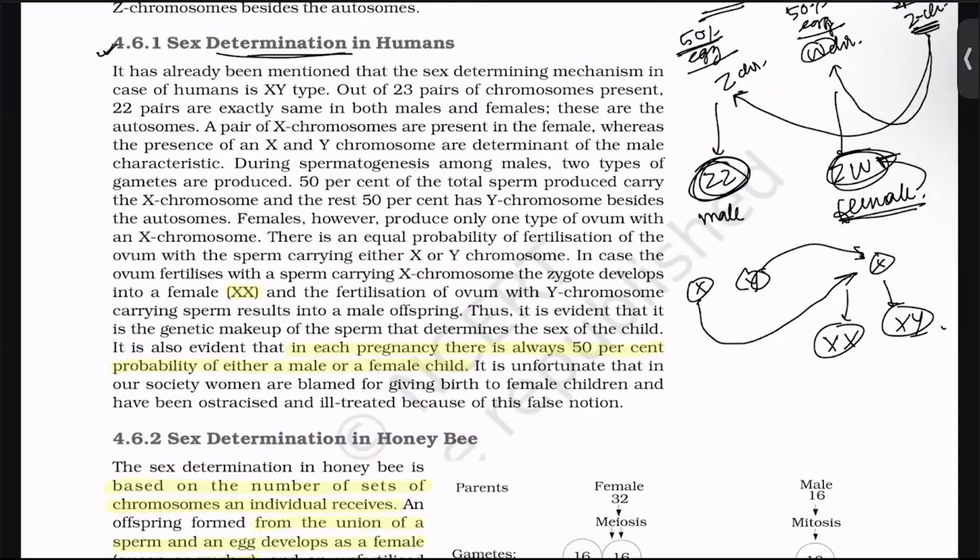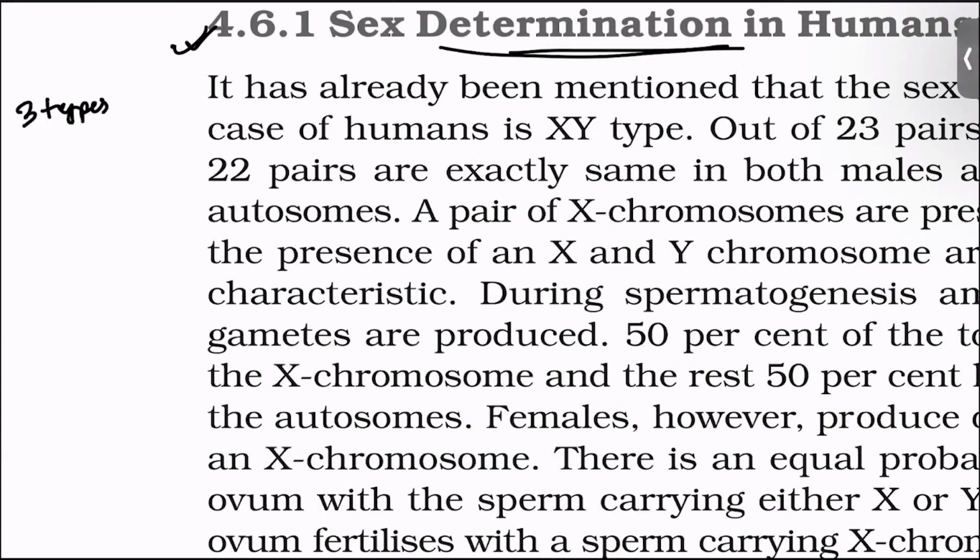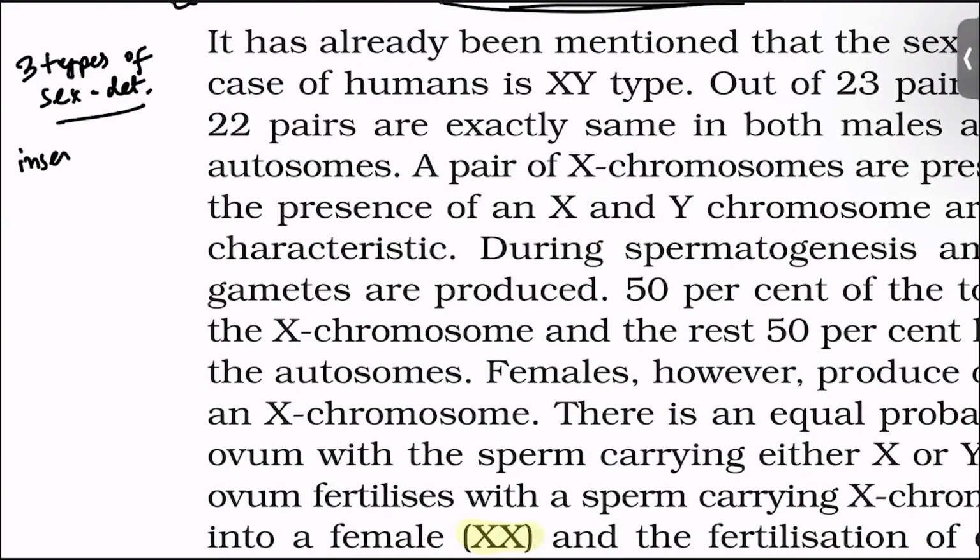So what we have learned yet is 3 types of sex determination. Starting with insects, XO type, then mammals, XY type, specifically human, and then in birds, ZW type.